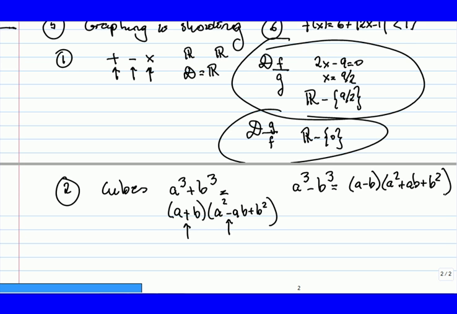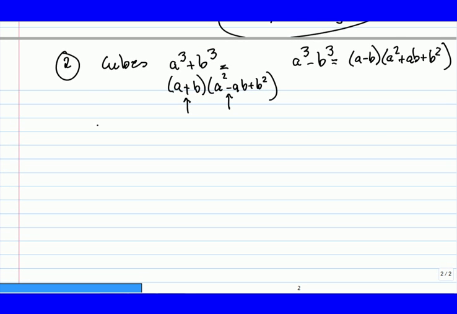So somebody's asking you to factor, let's say, x cubed minus 8. The cube should trigger that it's a cubic factorization. The first thing I would do is write this as a difference of two cubes, x cubed minus 2 cubed. Does that make sense?